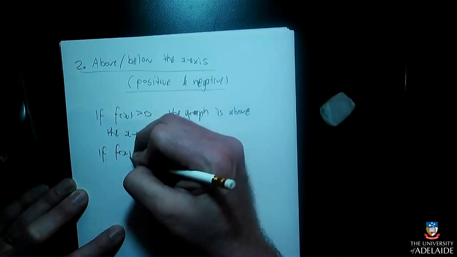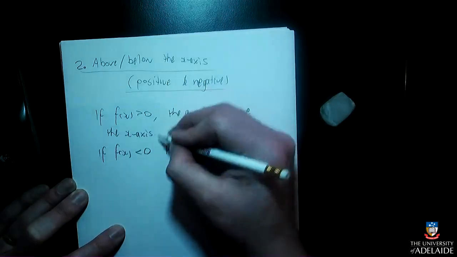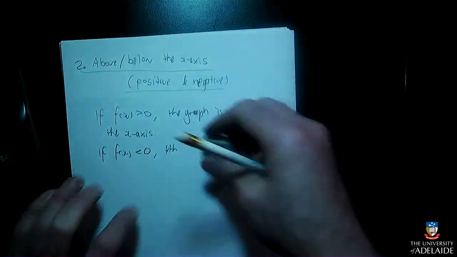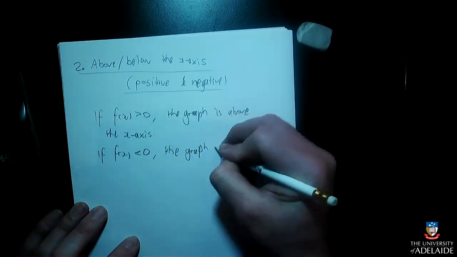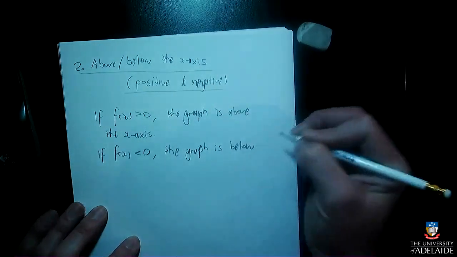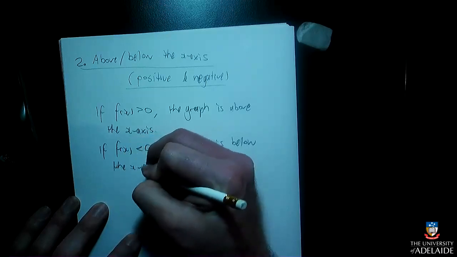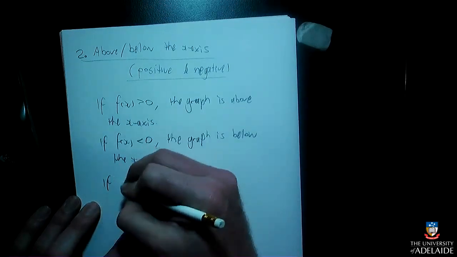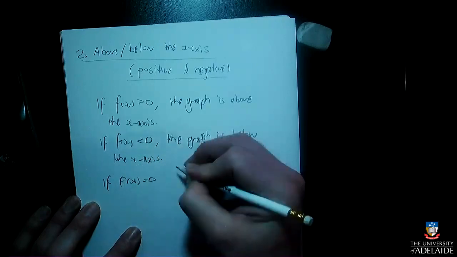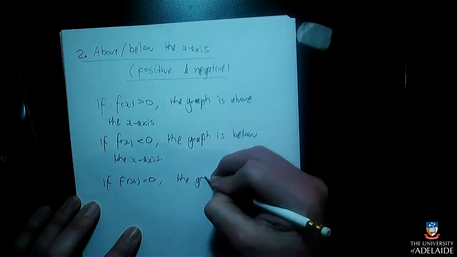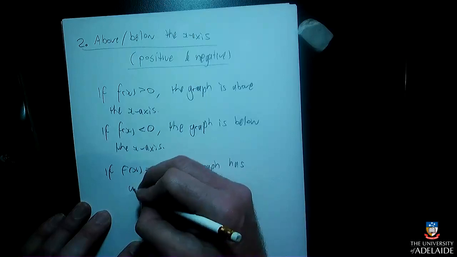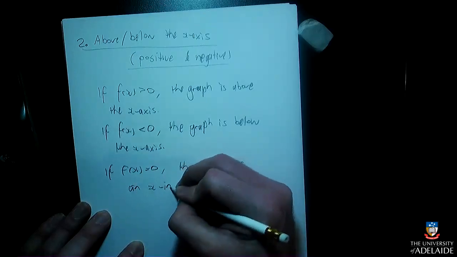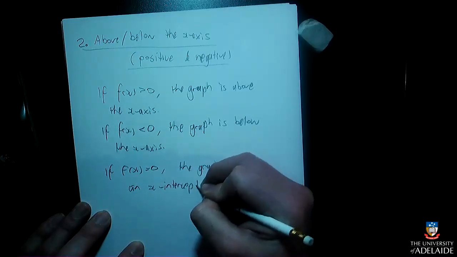If f of x is less than 0, the graph is below the x-axis. If f of x equals 0, the graph has, well, those places where it crosses the x-axis are called x-intercepts. It has an x-intercept.